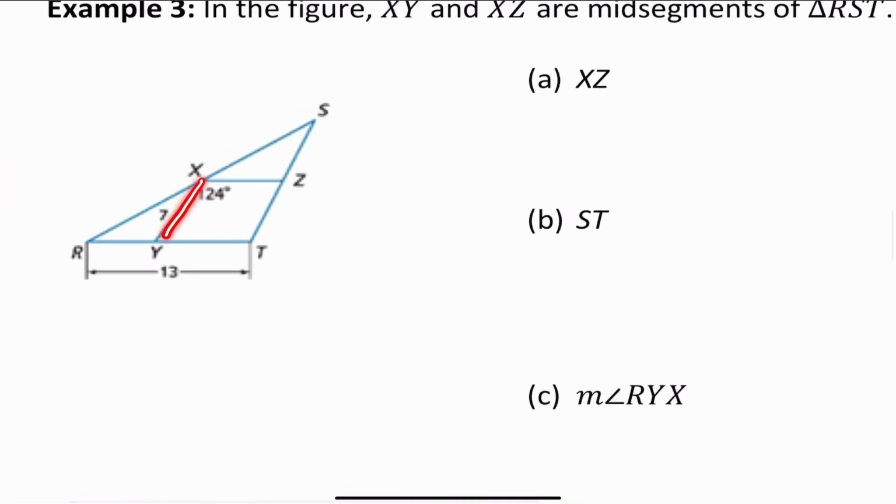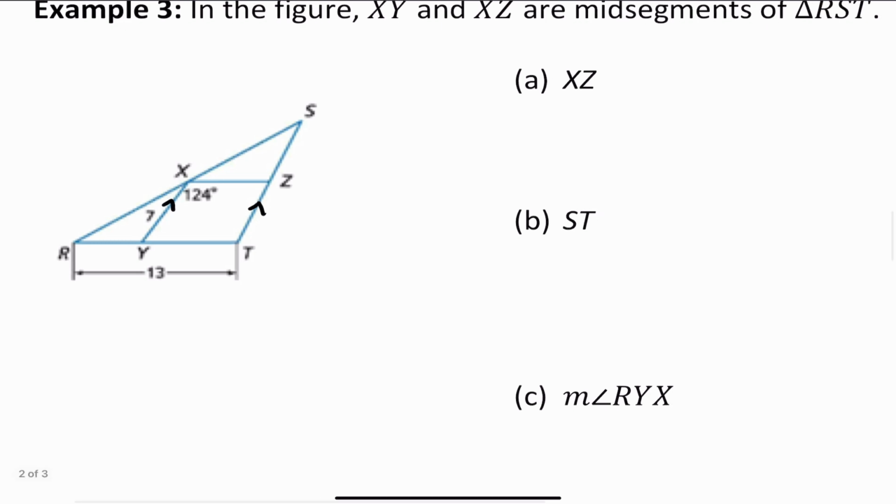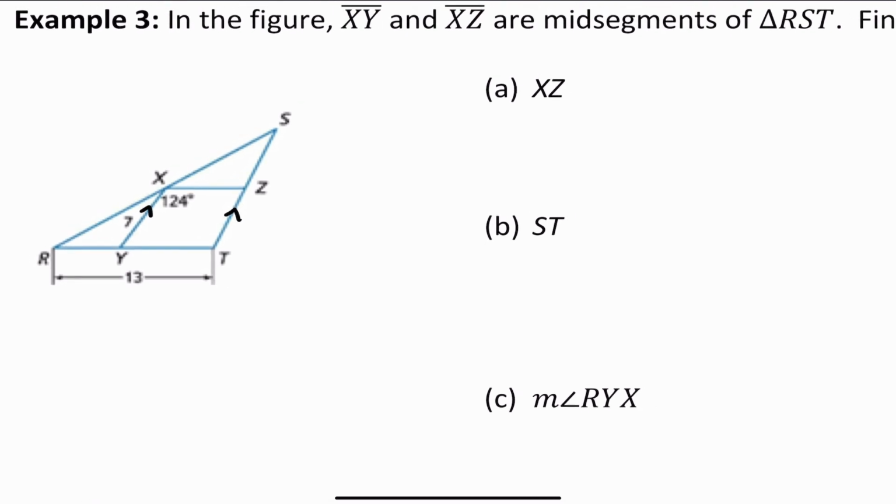So here's XY, and it's parallel to, let's say, ST. So this is parallel to that. And then XZ is also a mid-segment, and it's parallel to RT. So I'm going to draw double arrows to show that they are parallel.